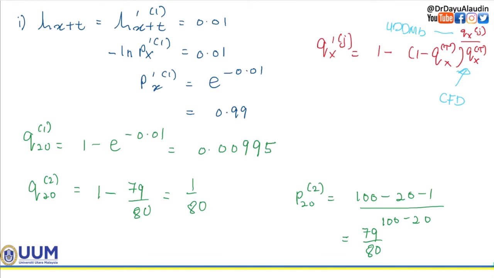So now we can get qx tau. Qx tau is the summation of q20 cause 1 plus q20 cause 2. So we get 0.02245. And this is for the denominator for this one.